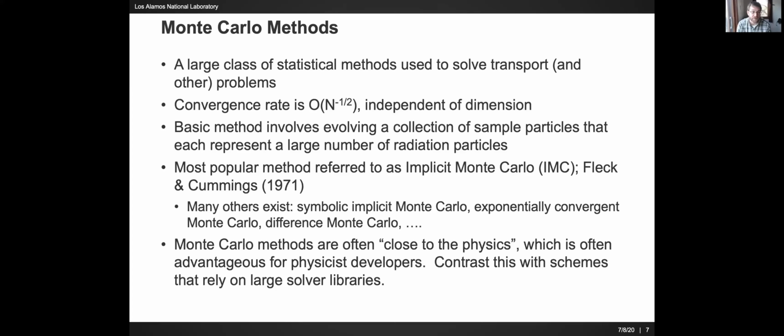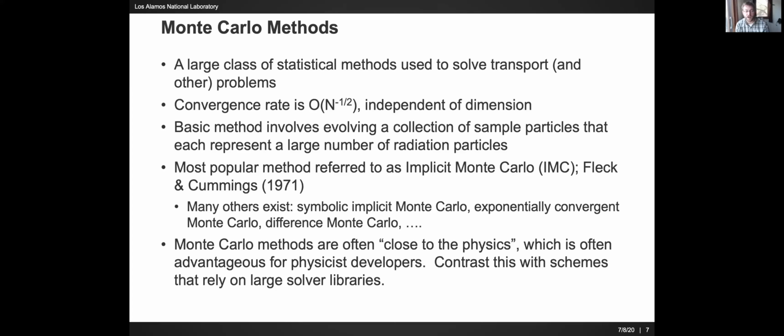So that's the basic picture that you can have in your head. When it comes to Monte Carlo methods for transport, there's again a huge number of variations. By far the most popular one is so-called implicit Monte Carlo, which was introduced, I guess, about 50 years ago now. So it's been around for a long time. There's been a lot of work on it, and it's become a pretty reliable workhorse in a lot of application spaces. But a lot of others exist.